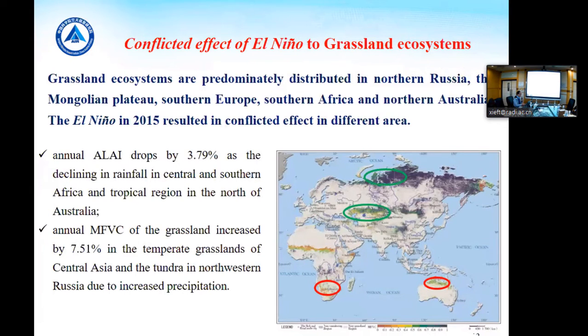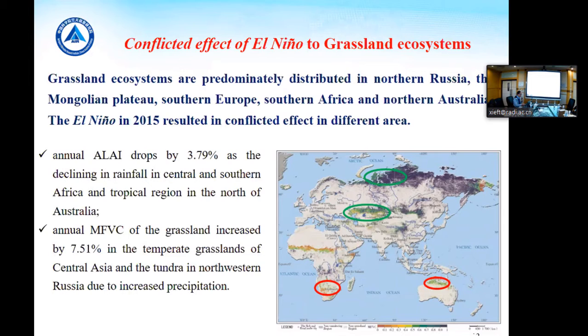Here are the effects of El Niño on the grassland ecosystem. Grassland ecosystems are predominantly distributed in northern Russia, the Mongolia Plateau, southern Europe, southern Africa, and northern Australia.